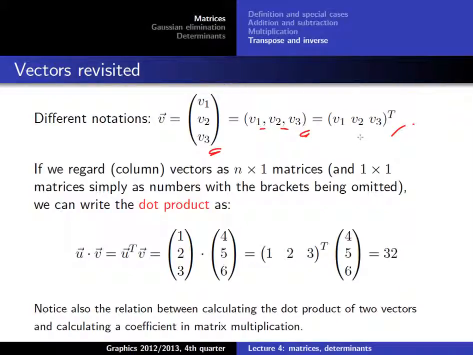But I never used this third one before, although I introduced it at the beginning, where we do not have commas, but instead we have this T at the top. I hope you see the relation now. This T stands for transposed, and it illustrates the idea that you can also look at vectors as columns, or you can interpret the columns of matrices as vectors, and then an n cross 1 matrix is exactly the same thing as a vector.